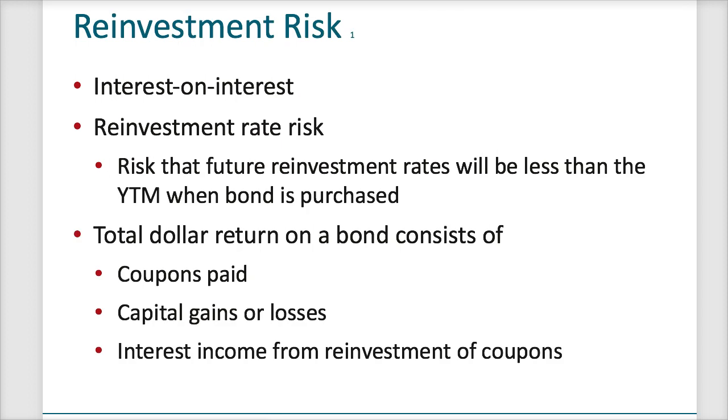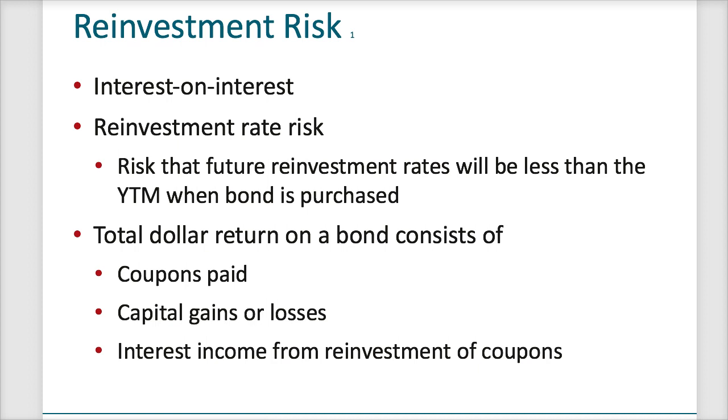All right, so let's talk about reinvestment risk. When we talk about reinvestment risk, we have to remember that the yield to maturity calculation assumes that the investor reinvests all of the coupons at the same rate as the yield to maturity. So the interest you're going to earn on your interest is the same as your yield to maturity the day you buy the bond.